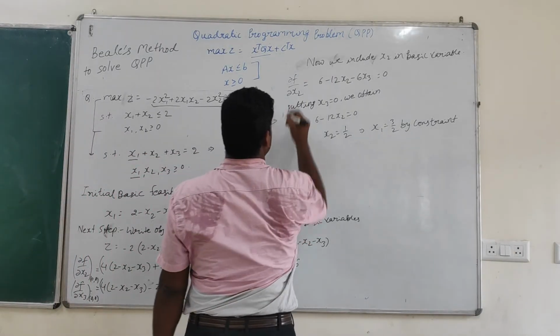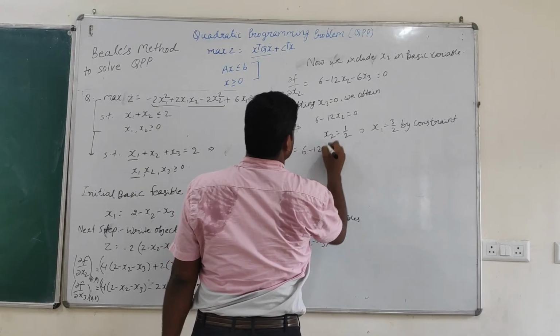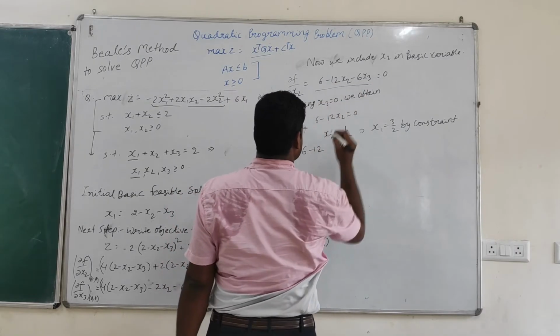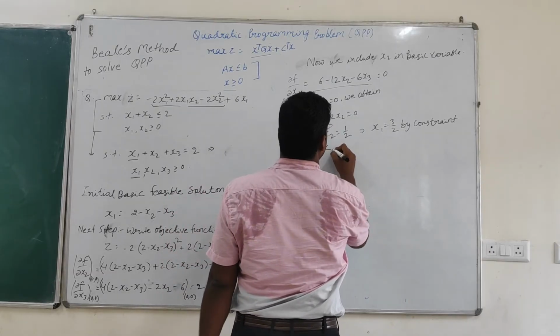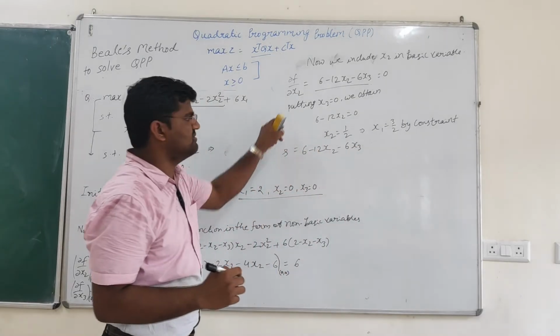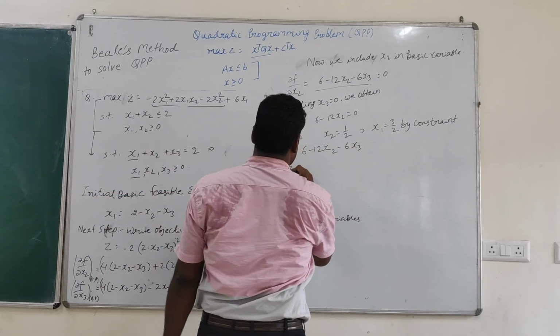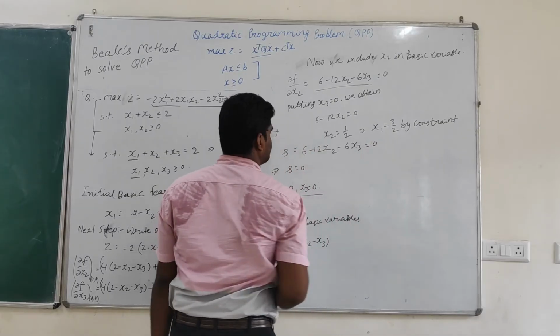So we make one dummy equation, we write it down. I will name it S. So S is a new variable I included in the problem, minus 6 x3. Now since the value is 0, the value of S is also 0.